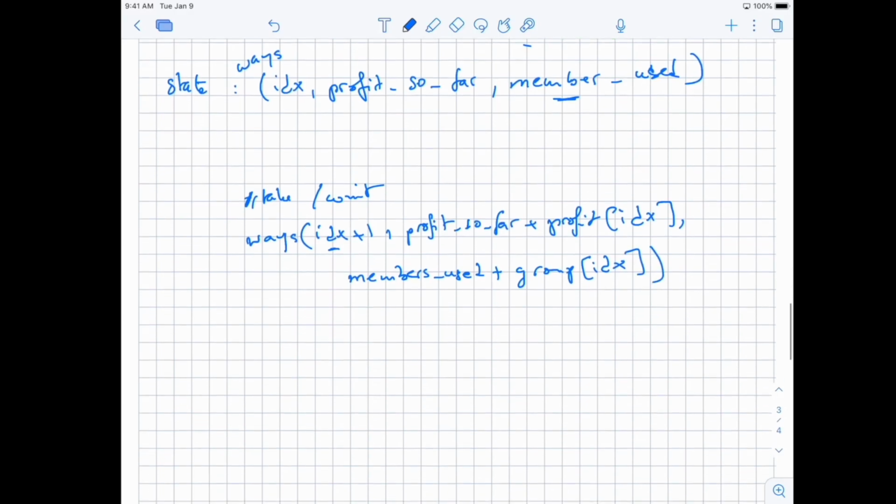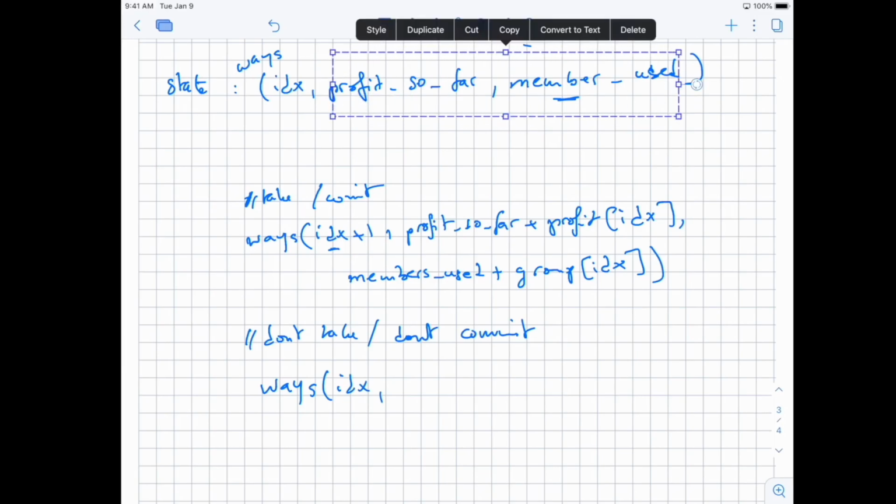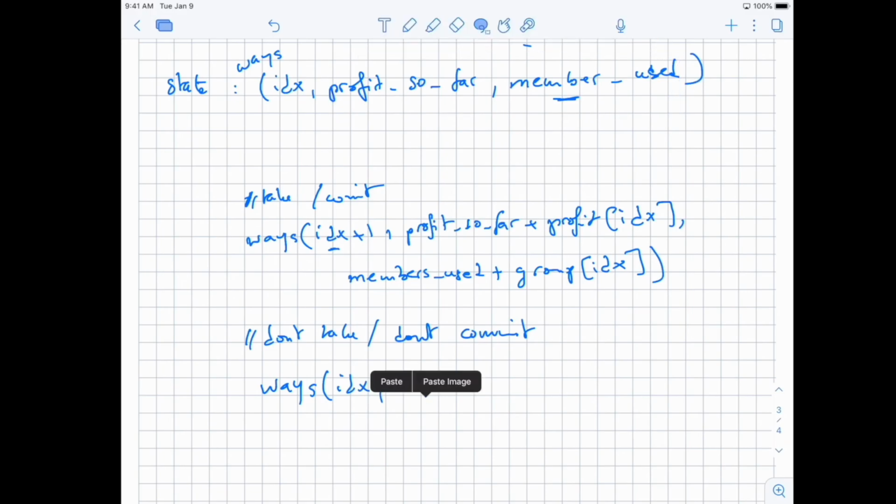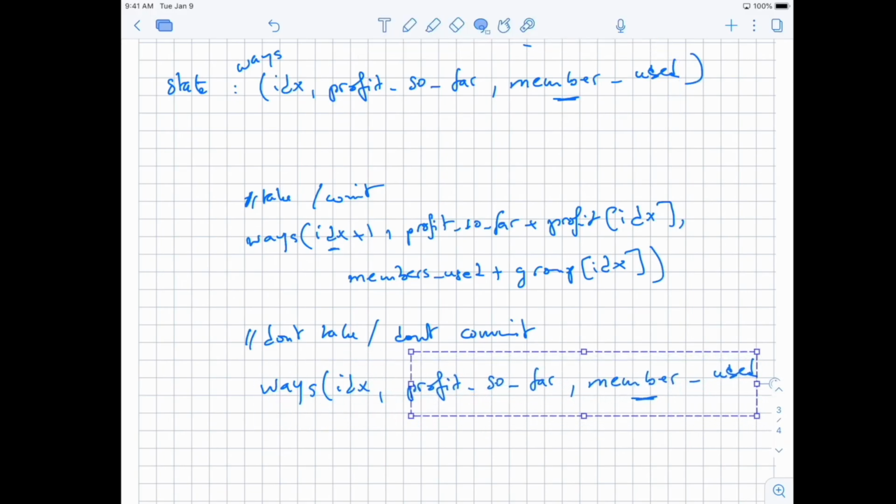Okay? Now, what about don't commit? Well, don't commit is easy, because in that case, we can just go to the next index, but still keep the same profit so far and the same members used, because we didn't take anything.